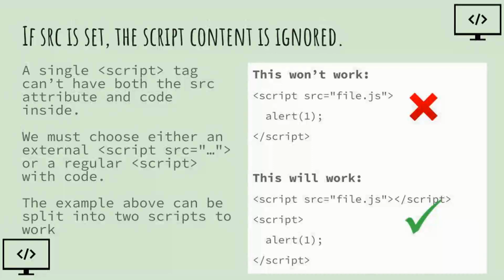As you can see in the example, the first example won't work because this includes the src attribute and the code inside it. If we want to have both, we have to write the code with two separate script tags as shown in the second example.